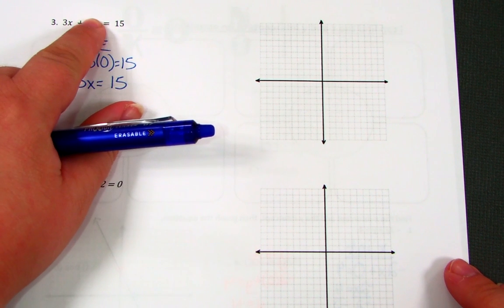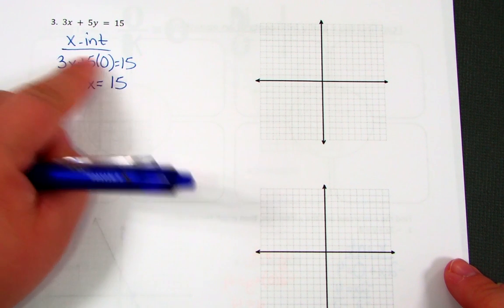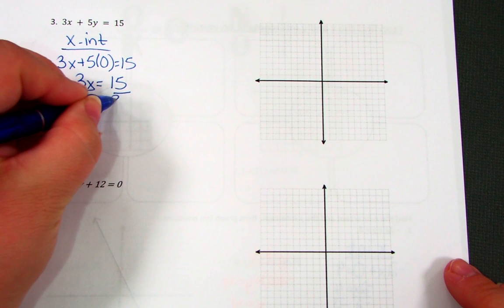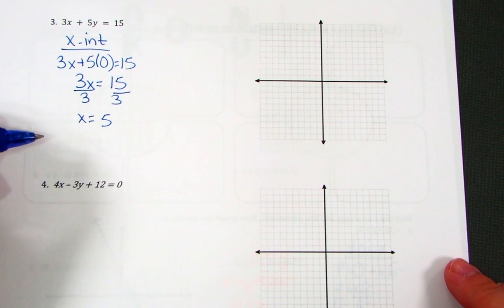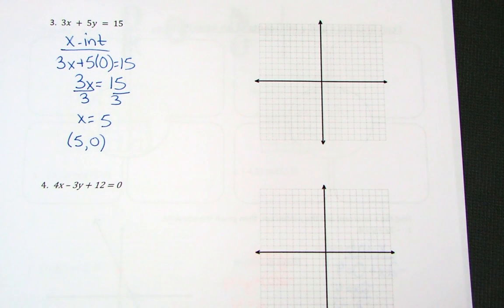So if you're using the finger trick here, you're going to put your finger over the y and you're left with 3x equals 15. It just skips one step. So divide by 3 on both sides, and x is equal to 5. And that means 5, 0 is my intercept.